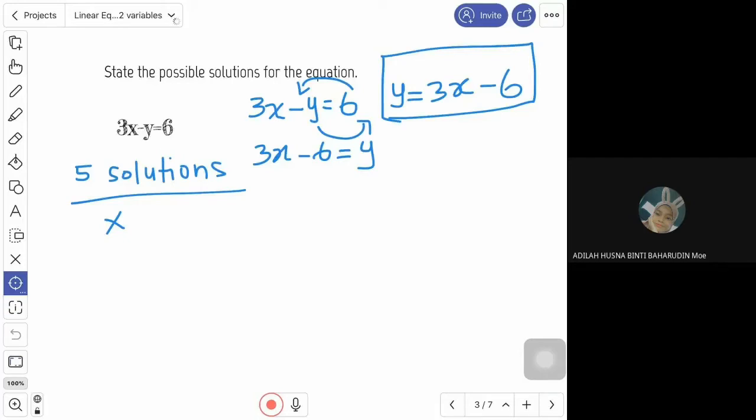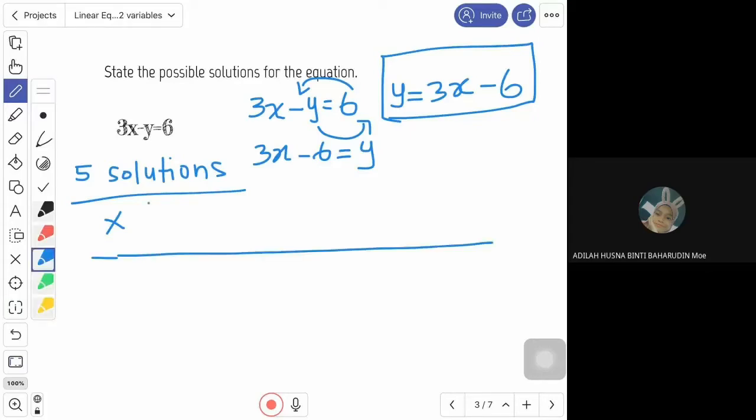We can tabulate the values ataupun put the values into table. Okay, so I'm going to put them in bentuk jadual, sebab dia nak 5 solutions. Y equals to 3x minus 6. Alright. So, kita pilih je lah any 5 values of x and then we calculate the values of y.